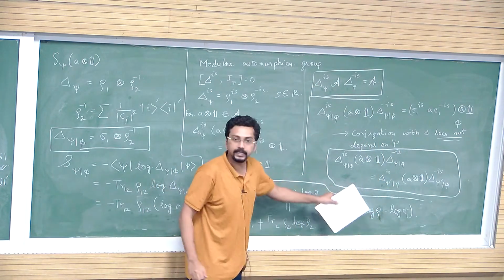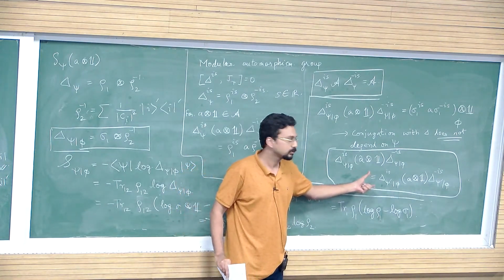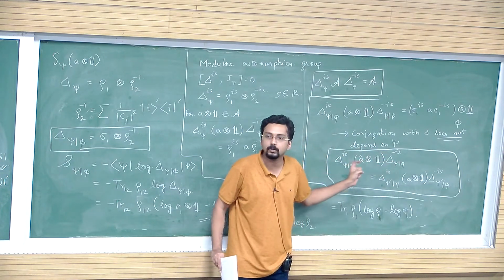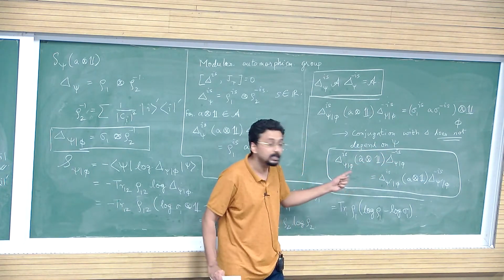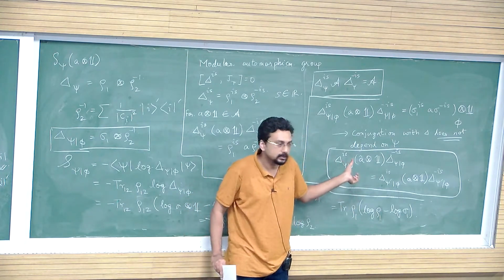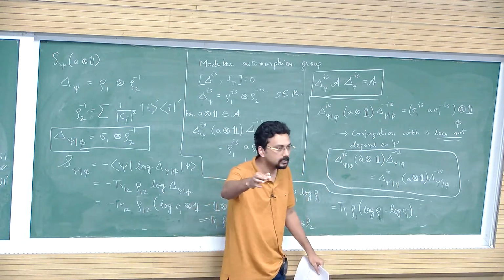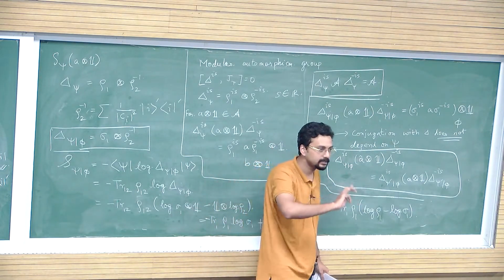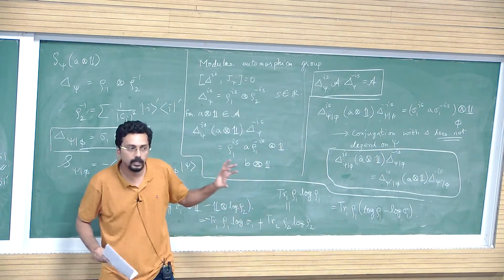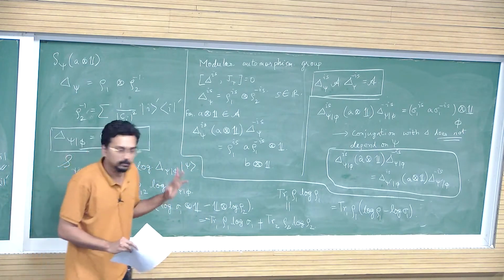These two things are the central statements of Tomita-Takesaki theory, the main theorems, and what this tells you is that conjugation by operators of this form, where delta is a modular operator, does not care about whether this is the case. In the context of holography, this statement will pop up as the fact that your bulk relative entropy is exactly the same as boundary relative entropy, which, I mean, you will probably talk about at some point.